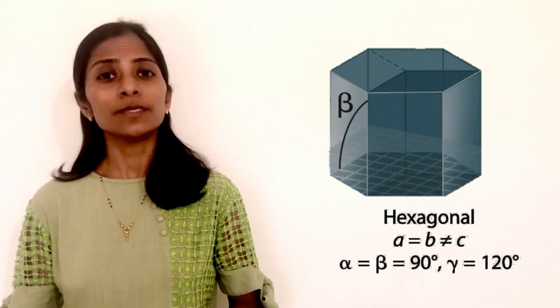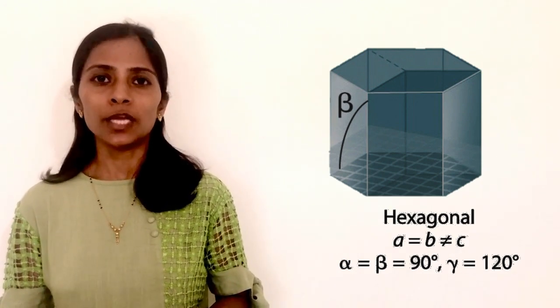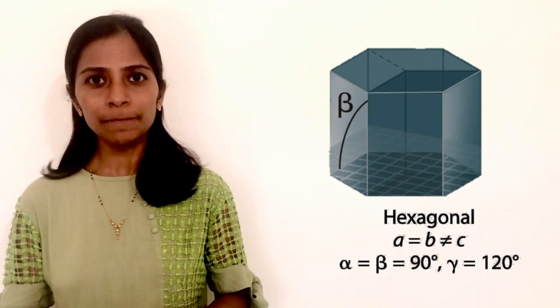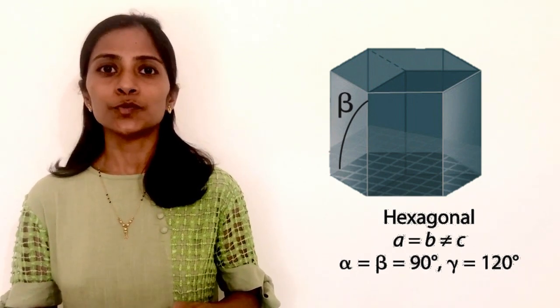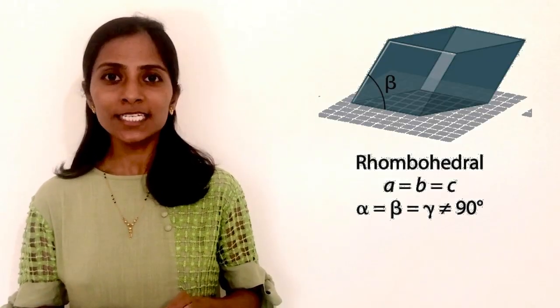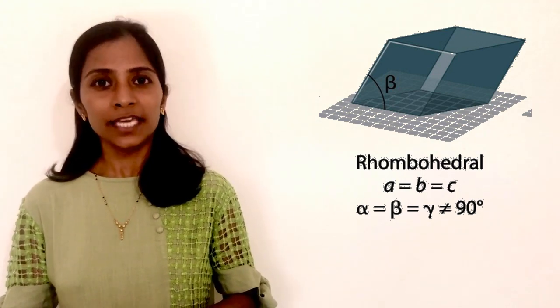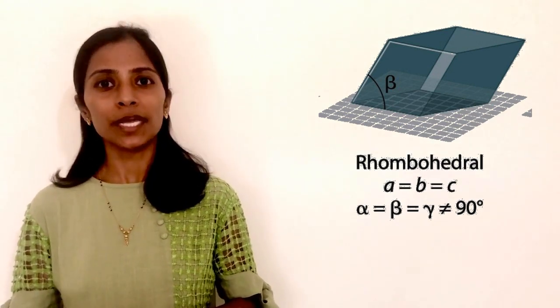Hexagonal crystal system is number 5 in our list. In this system, a equals b not equals c, alpha and beta equal 90 degrees and gamma equals 120 degrees. In the rhombohedral crystal system, all the edges are of equal length. The 3 interaxial angles are equal but they are not equal to 90 degrees.